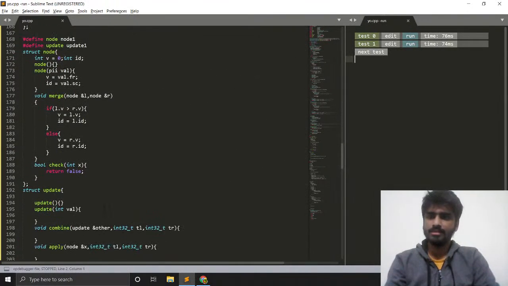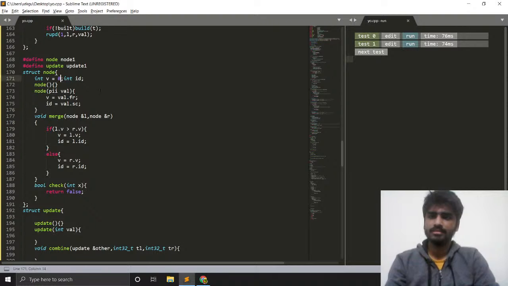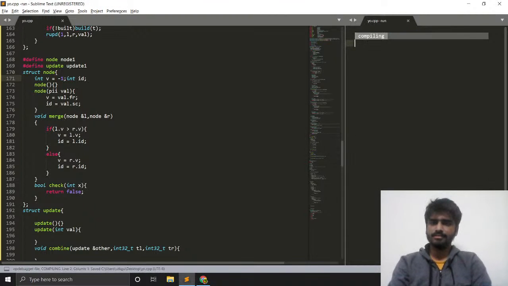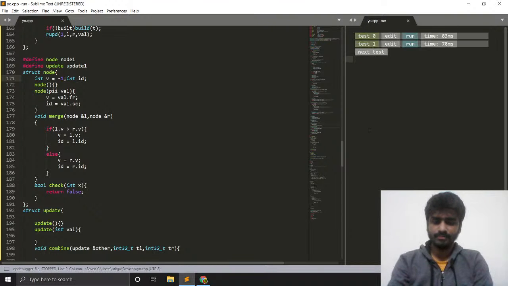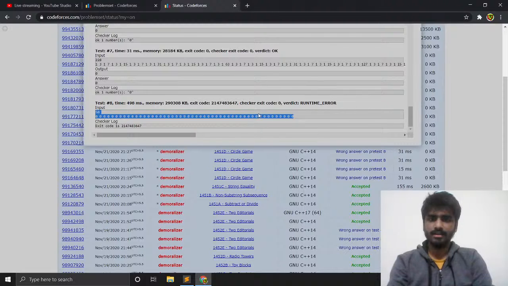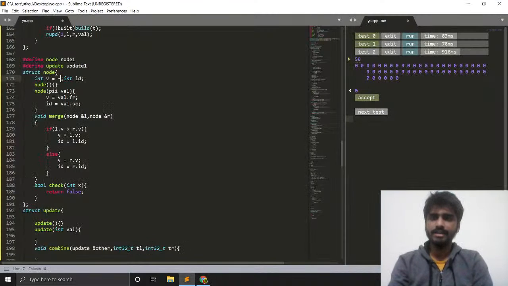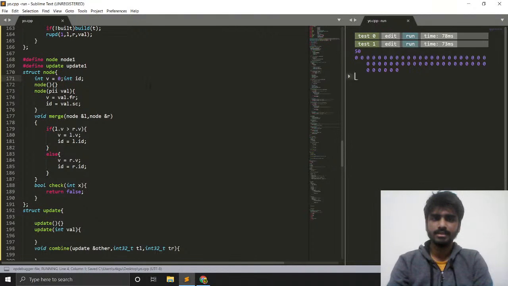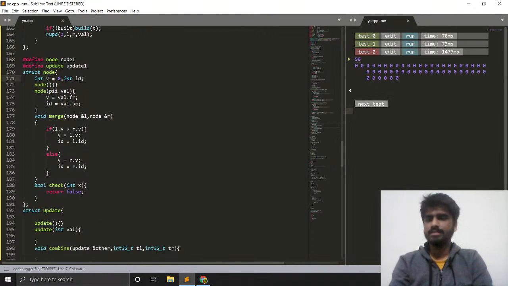I think the problem is in the sec tree. Okay, I think I should have started it from -1. Actually, earlier I didn't notice that the elements can be equal to 0. I thought they were greater than 0. So that's why this problem was happening.